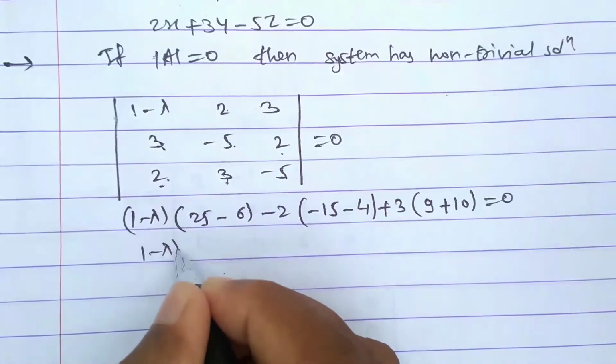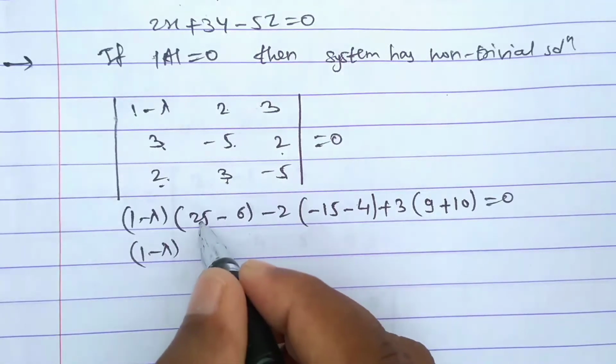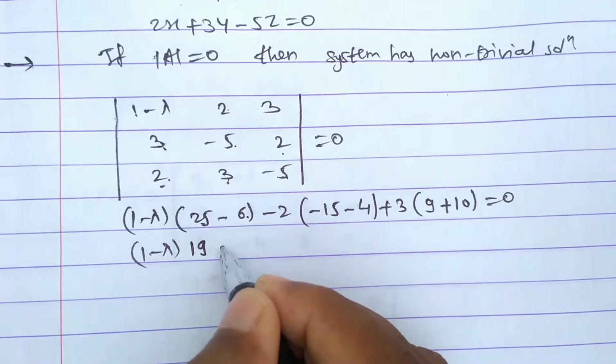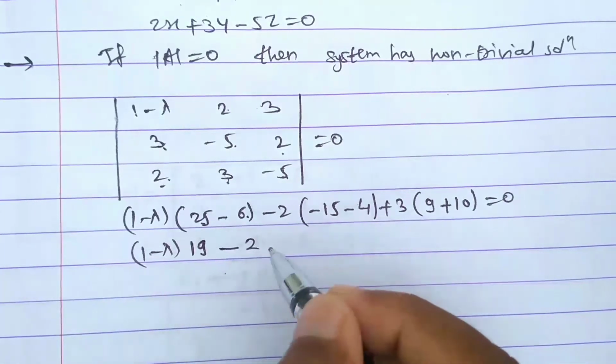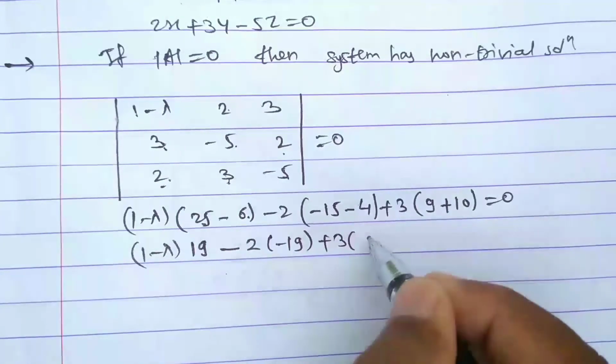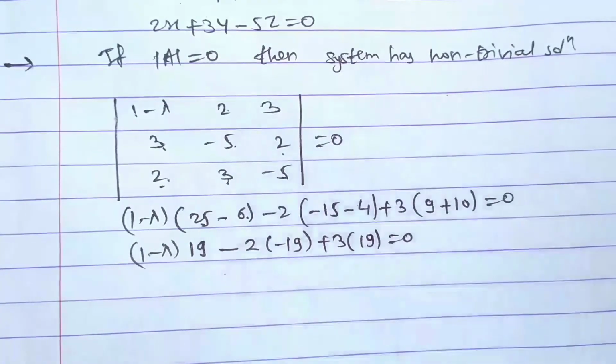So 1 minus lambda, 25 minus 6 is 19, minus 2 into minus 19 plus 3 into 19 equals 0.